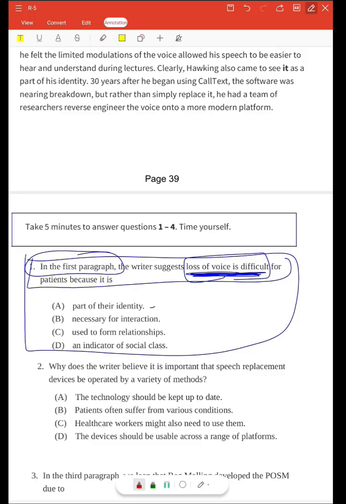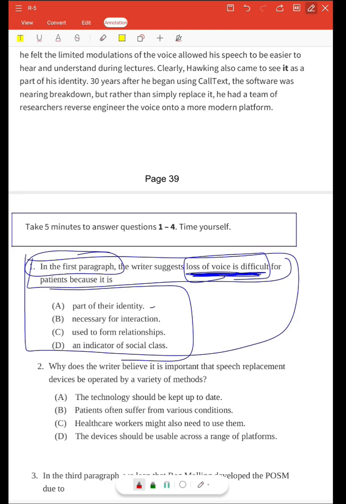We do not need to waste our time on the whole text. We spot our keywords, like loss of voice is difficult, and the rest of the keywords we will find in the options. So firstly we need to understand our question, then we will go to the options.